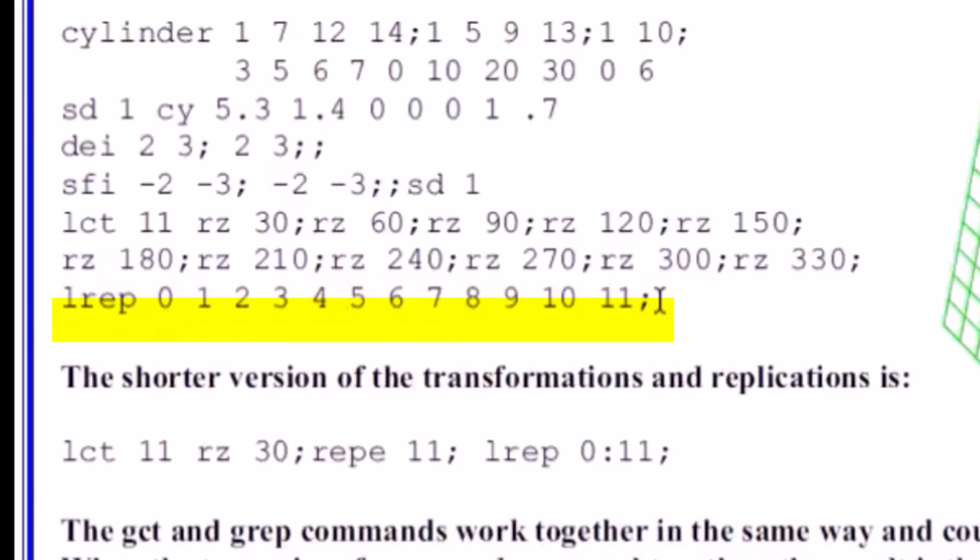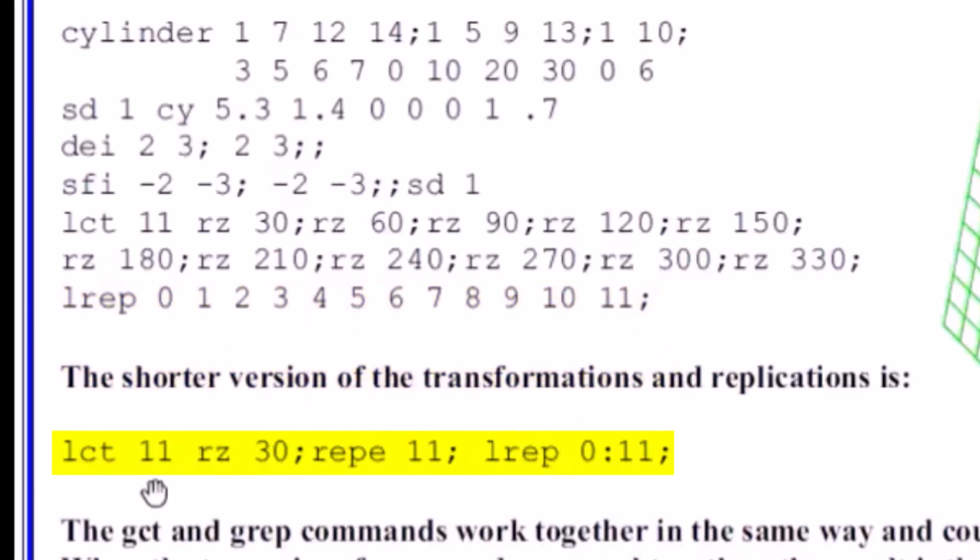Now that's a lot of typing. There's an easier way. So the LCT command, 11 transformations, this is the easy way to do it. Rotate around the Z 30 degrees, and then repeat this 11 times. So the first time it repeats, it gets this first transformation. The second repeat is this one, and so on. What it's doing is just taking multiples. Very useful capability, because this is what we do more frequently than anything else, is to repeat in this fashion.